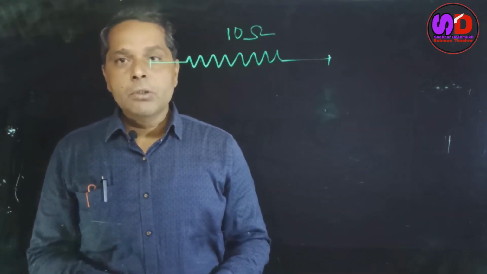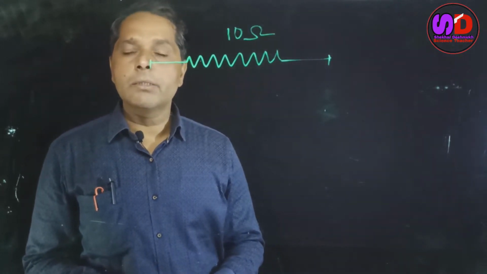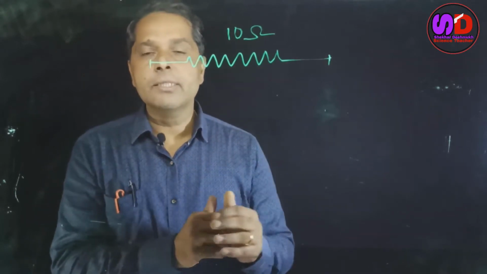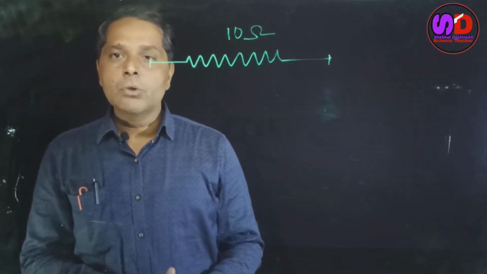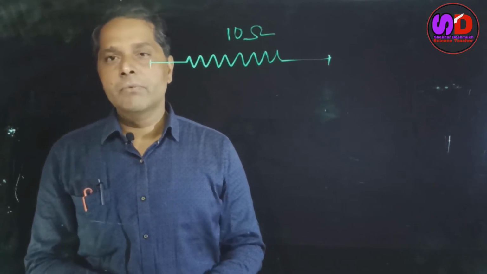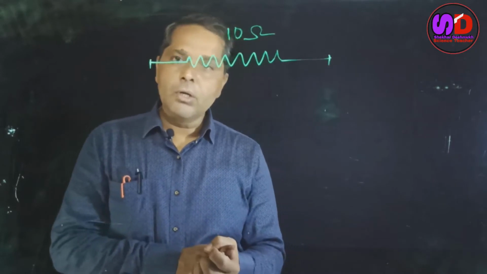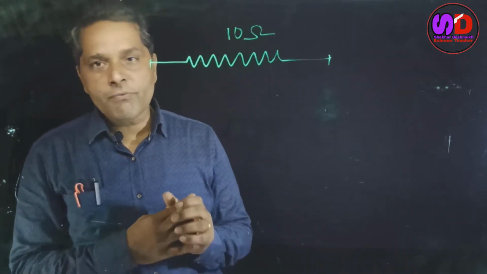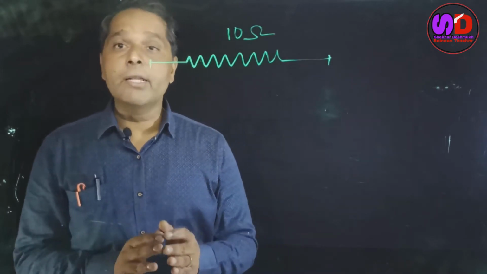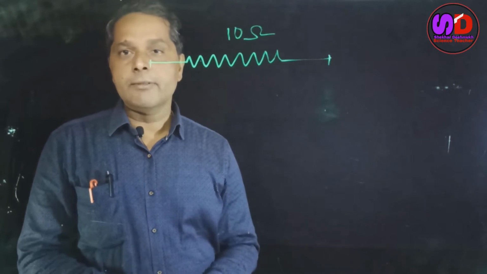That means if we require a particular amount of current, then we have to use these resistances in that circuit to get that particular amount of current flowing through the circuit. Therefore, we require different combinations of resistances.